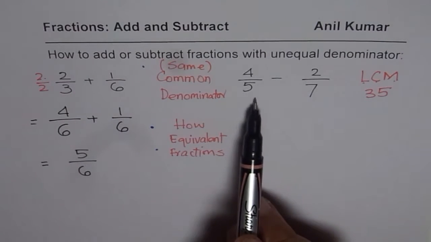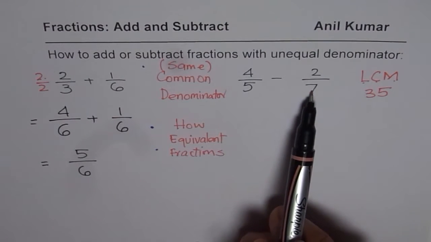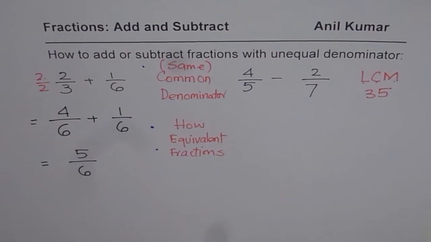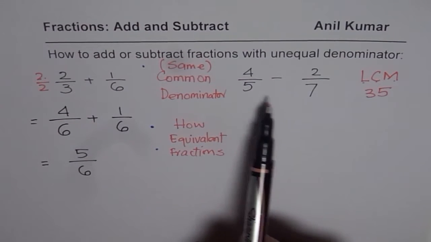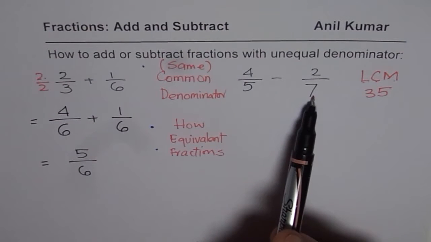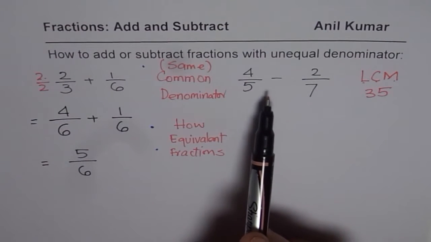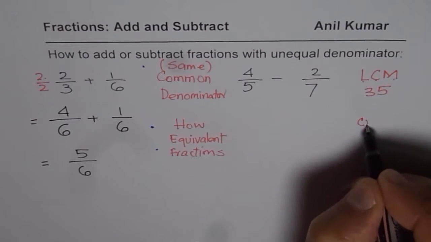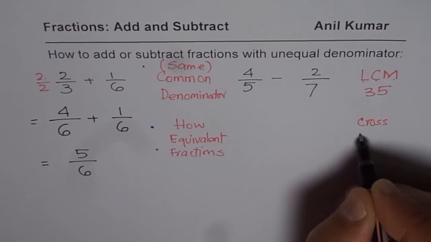So in this particular case, we can cross multiply and get the same denominator, right? So cross multiplication is another way of making equivalent fractions. So here I'm teaching you another strategy, which is cross multiplication.